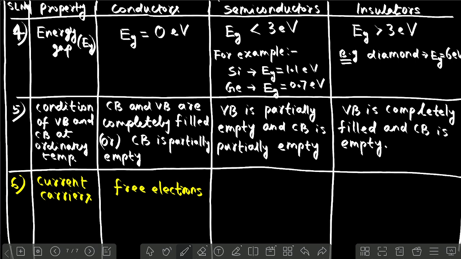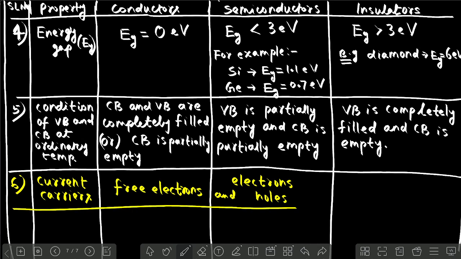And for semiconductors, basically it is electrons and holes. We'll understand what electrons and holes are. And for an insulator there are no current carriers because it does not conduct electricity. So write down the 6th point. 6th point complete.